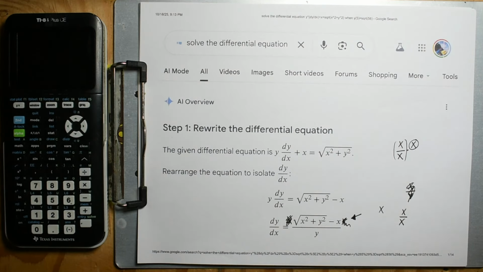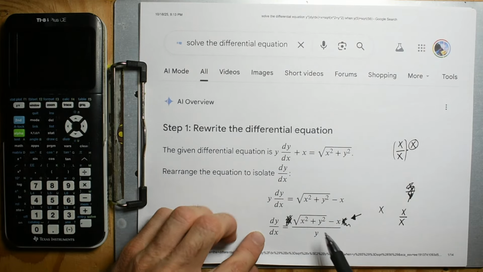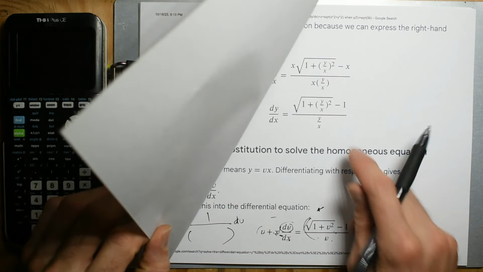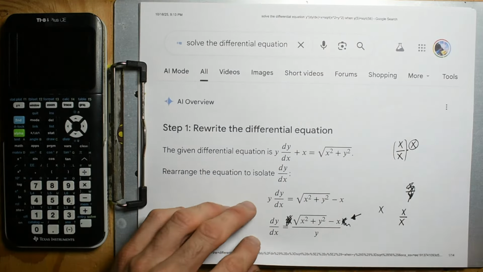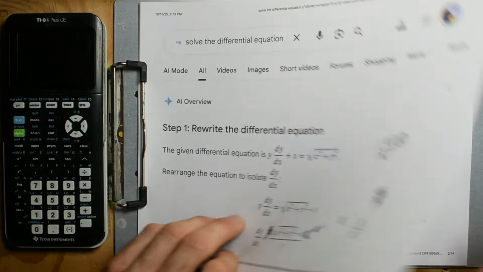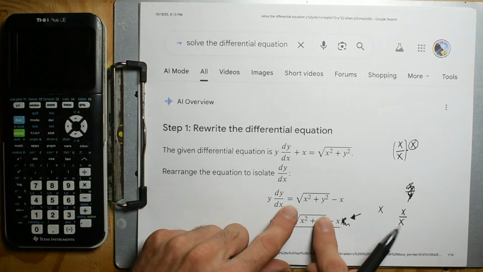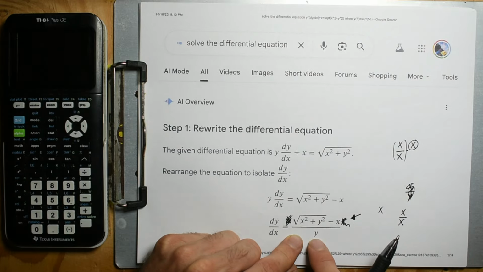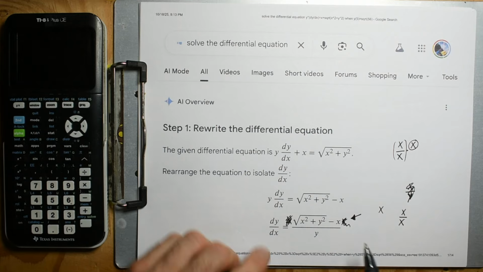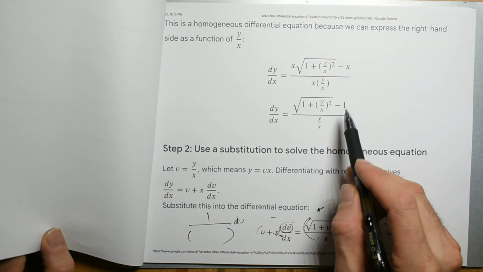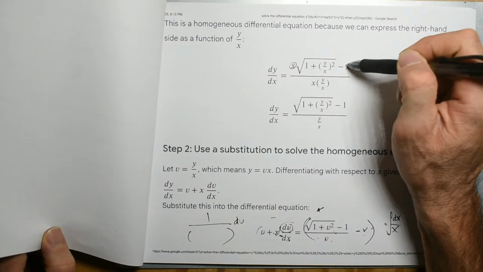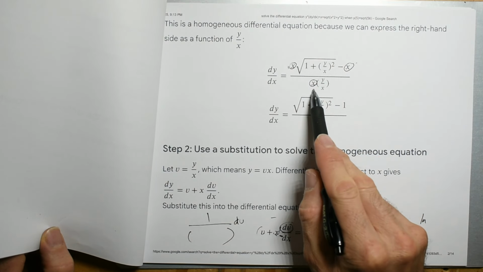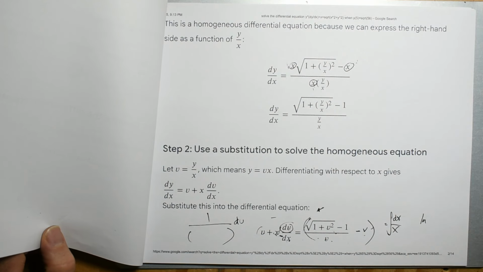I don't know how you would intuit this, but there must be similar problems where you get y divided by x and it doesn't change anything. What this essentially does is get an x in all the different terms.